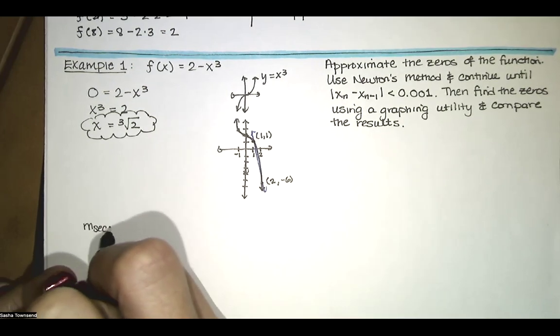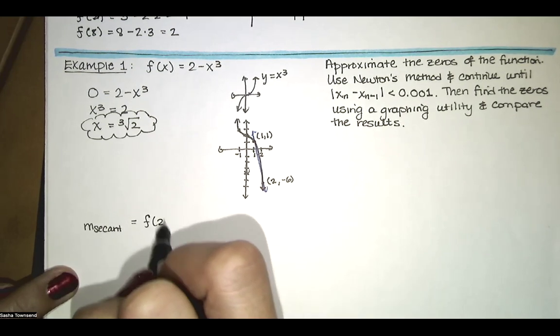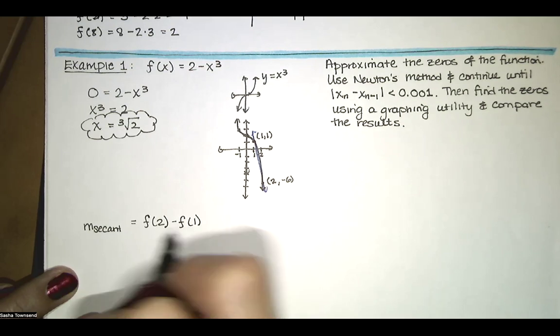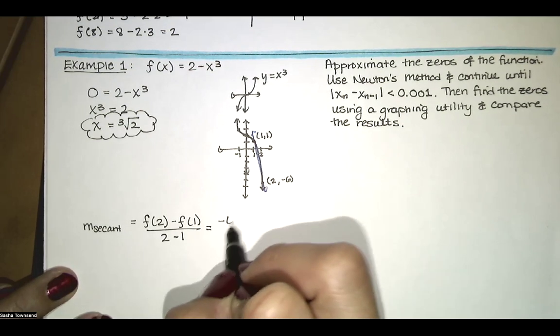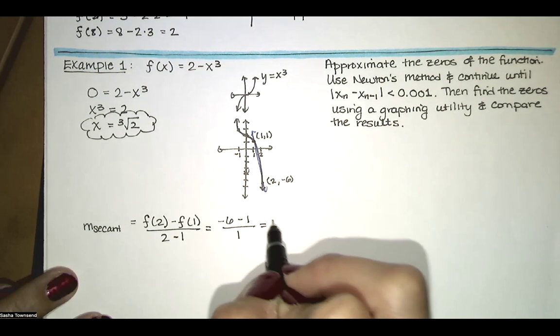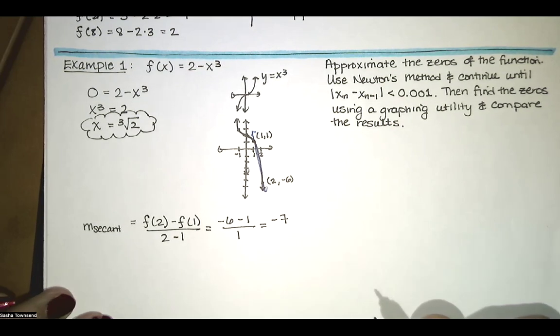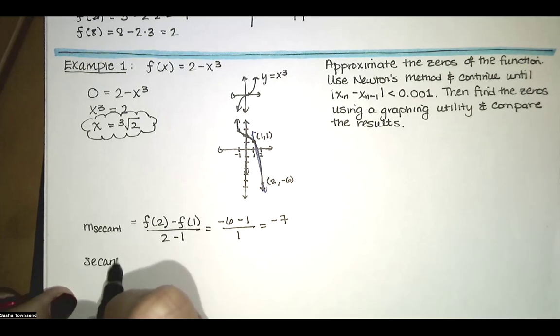So the slope of the secant line is f evaluated at 2 minus f evaluated at 1 divided by 2 minus 1. F evaluated at 2 is -6. F evaluated at 1 was 1. So the slope of our secant is -7. And then the secant line has this equation.